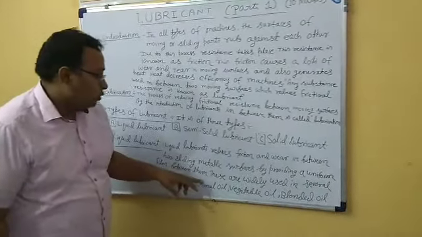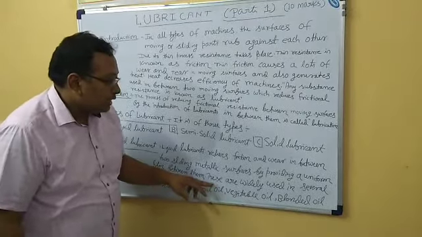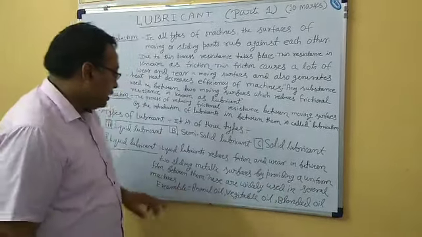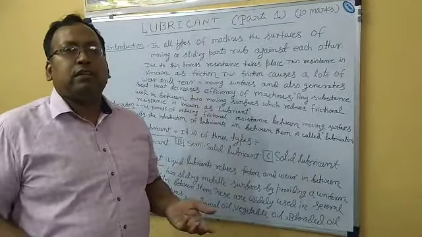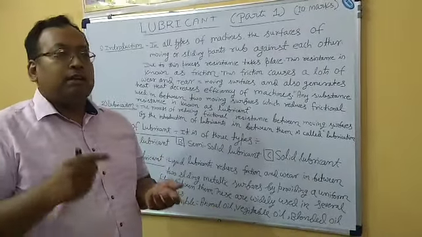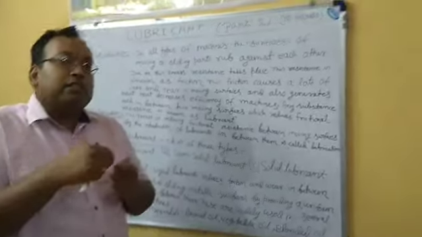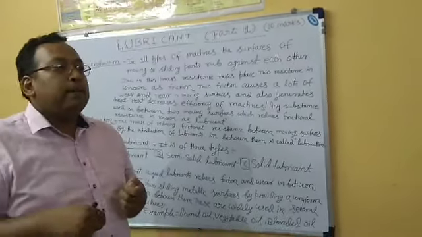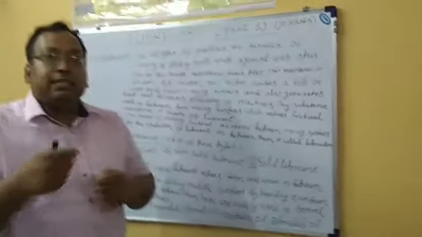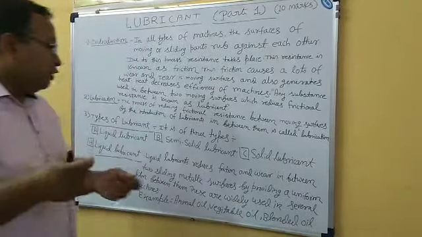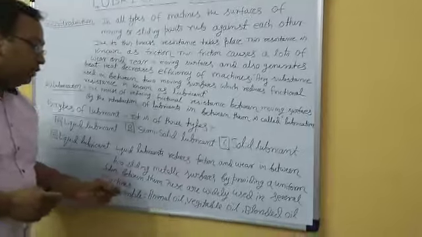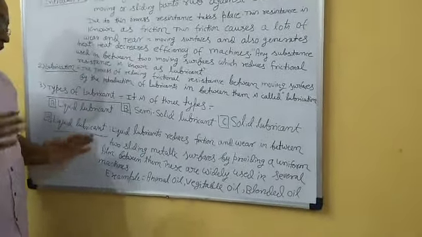These are widely used in several machines. We know very well that every machine needs oil, for example a sewing machine, the silai machine in houses, a cycle, a motorcycle and everything. Even the smallest machine requires liquid lubricant.